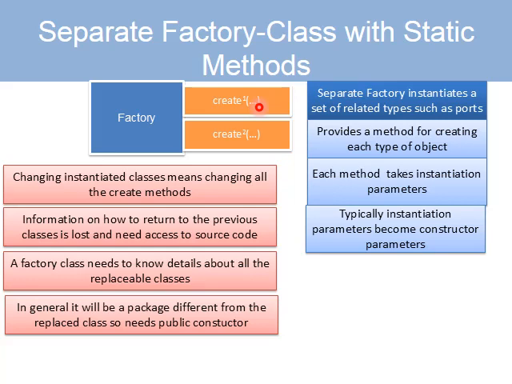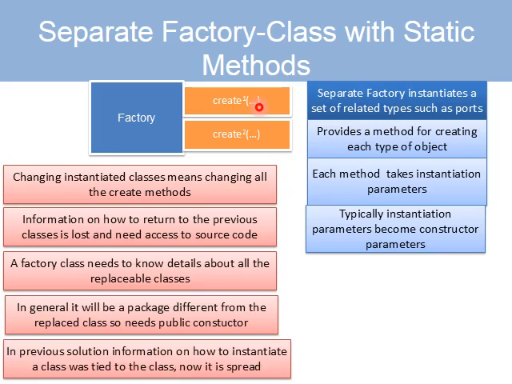Not all of them should be in the same package. So you need a public constructor, so I can't do singletons now. So now it is spread out. And static methods are not overridable, so maybe we shouldn't have static methods. Maybe you should have instance methods.